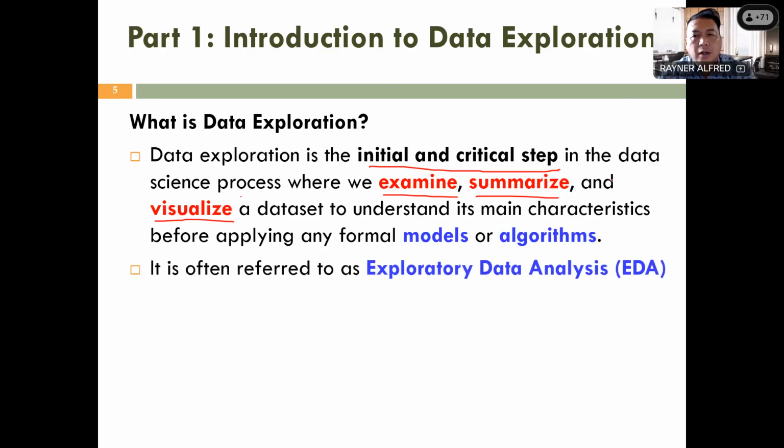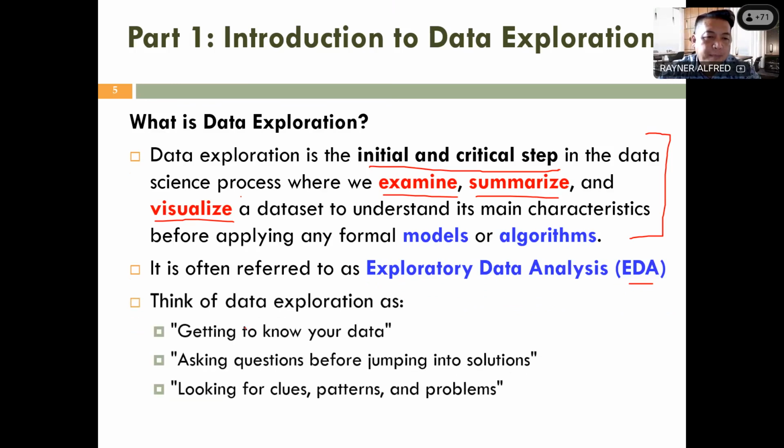We normally call this EDA. So when you go into third year, second semester, you will have project one. One of the processes in your project is that you need to perform EDA, which is exploratory data analysis, in which you use methods to analyze or capture any trend or detect any anomalies.